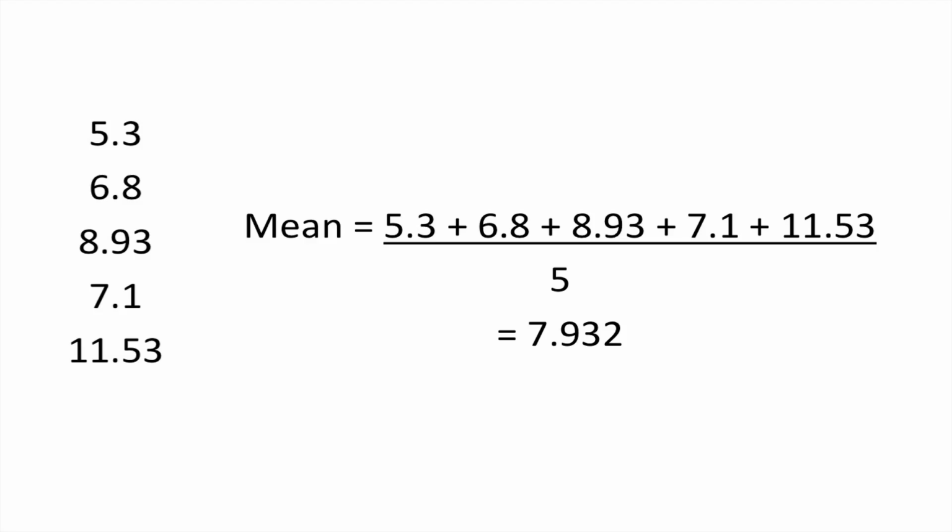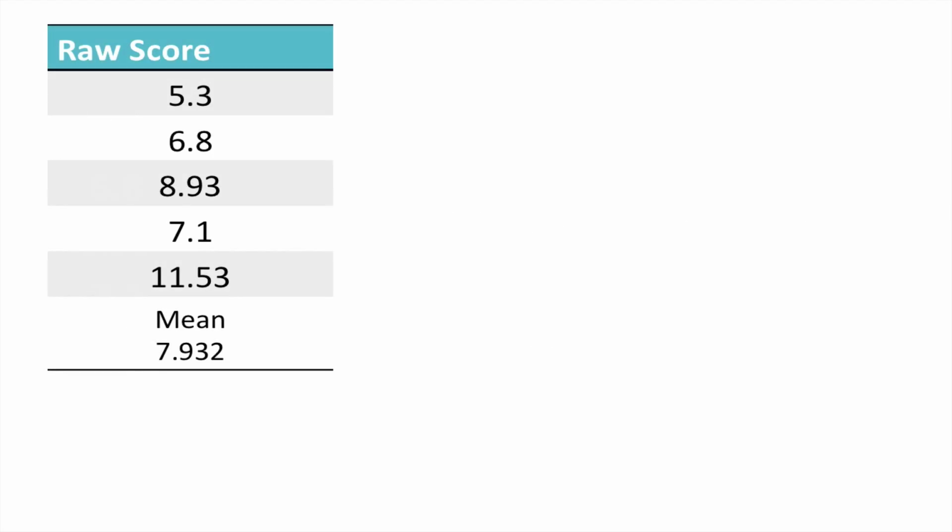So now we've got our raw scores and the mean. What we want to do is work out the raw deviation, how much each score deviates from the mean. I'm just going to demonstrate with the first one.